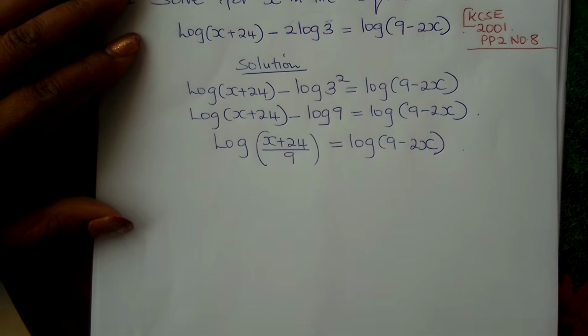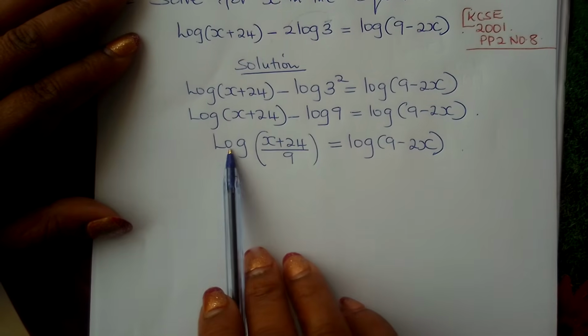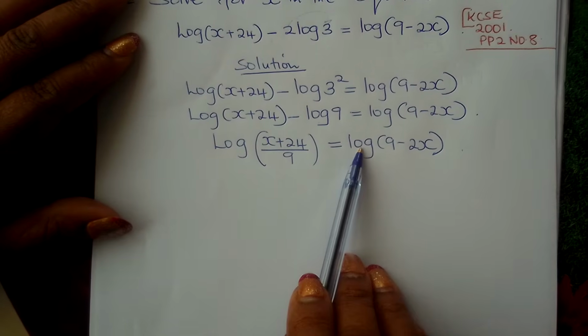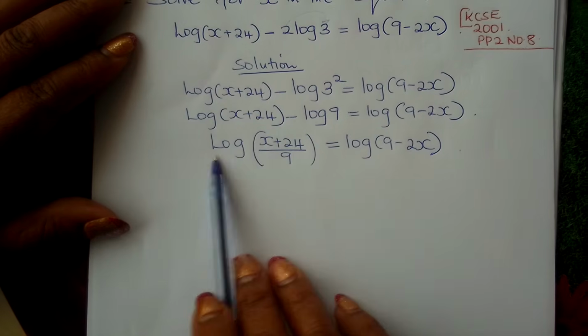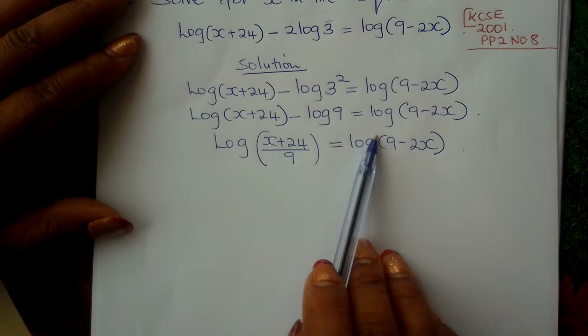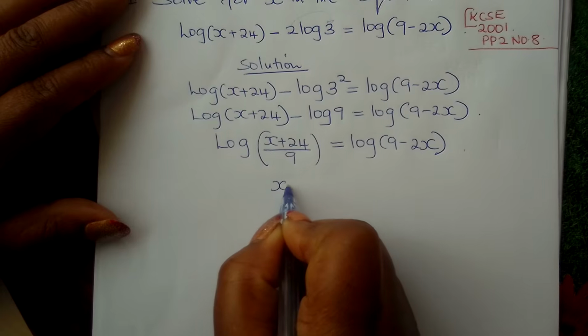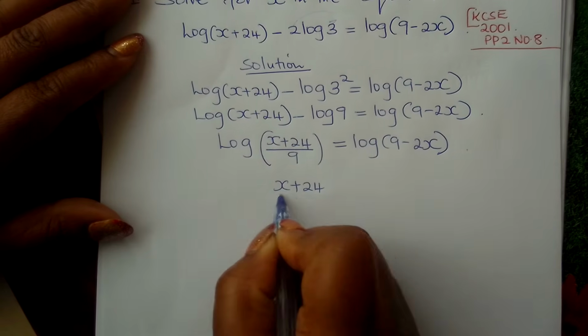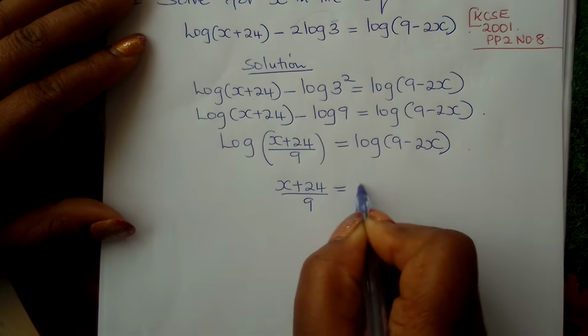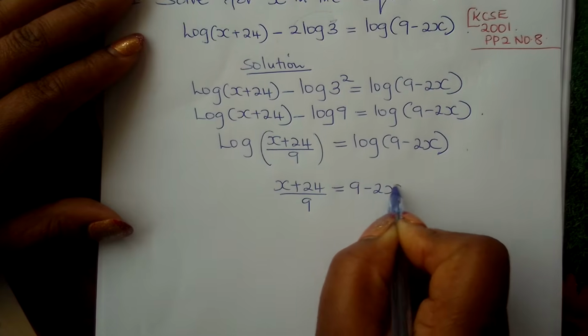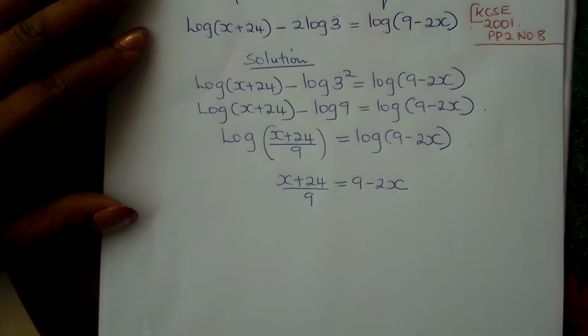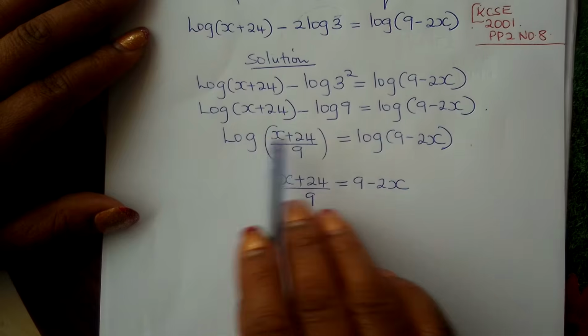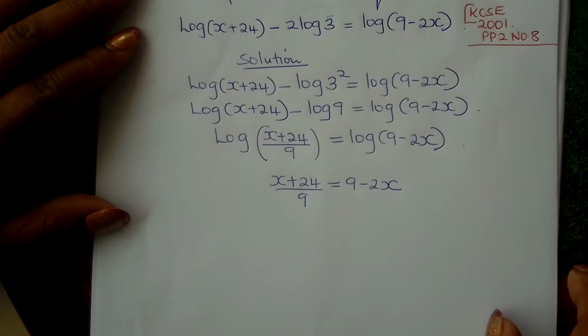So learner, if you look at our equation now, we have log on this side and log on this other side. You now drop out these logs, ignore them, and therefore you end up with an algebraic equation which looks like that. So you drop out logs if they appear on both sides of the equal sign.